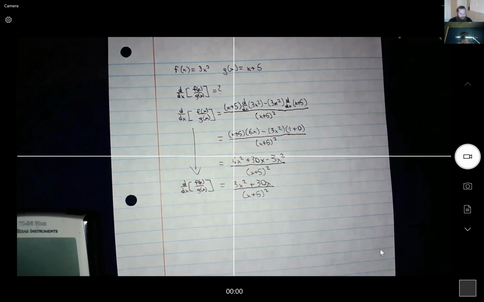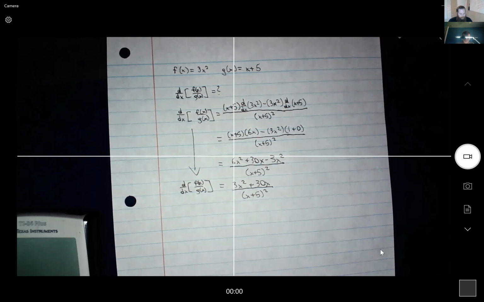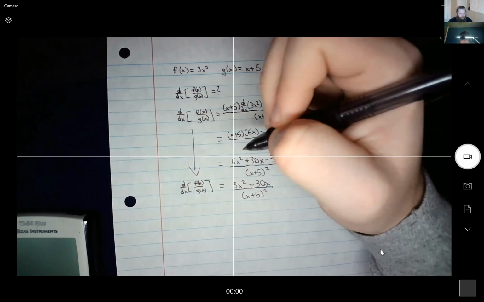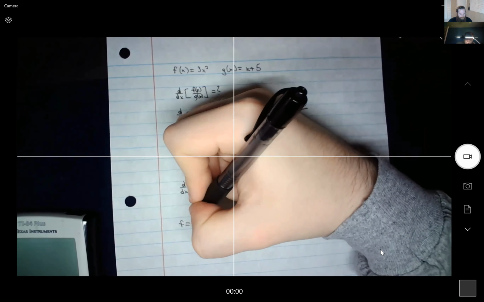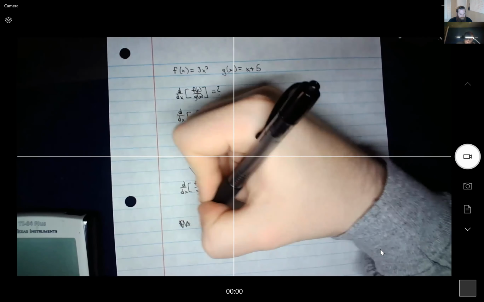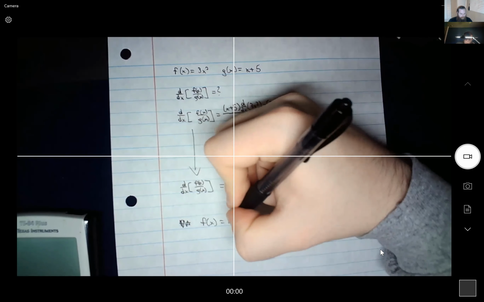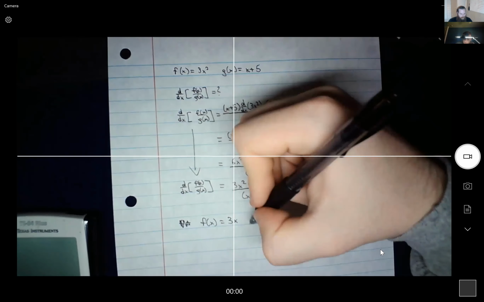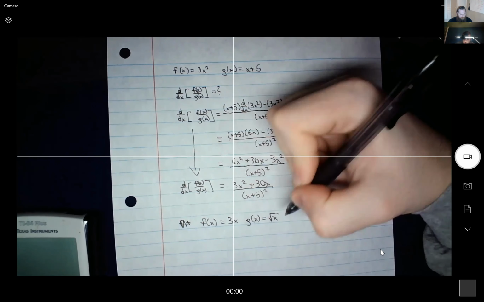This is going to be a non-polynomial function. Let's have f of x equal 3x, and we're going to have g of x equal square root of x.